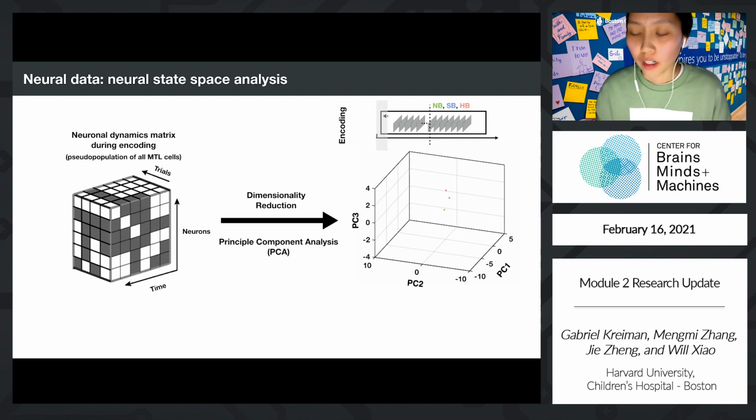As shown here, each dot in the lower dimensional PC space represents the neural state at each time point. When we apply a sliding window, we are able to plot the neural trajectories. Right now, we are plotting the neural trajectory from the no boundary, soft boundary, and hard boundary conditions before the boundary occurs.